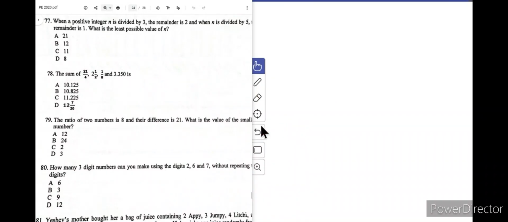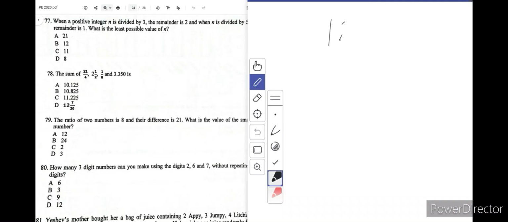So by the question we understand that the ratio is 1:8. So let's try with the first number, that is 12. 12 into 8 is equal to 96.